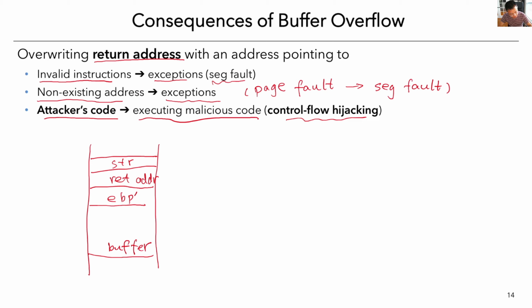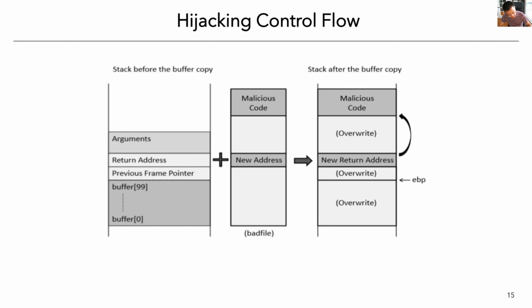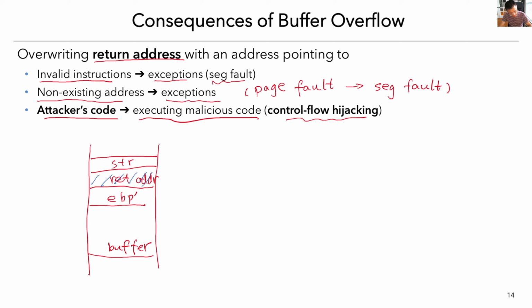Okay. When the buffer is overflowed, it can override the return address, right? If you look at this, when we copy the memory, it's going to copy more than the buffer, and it will overflow the return address and everything after this, up to 300 bytes of content.